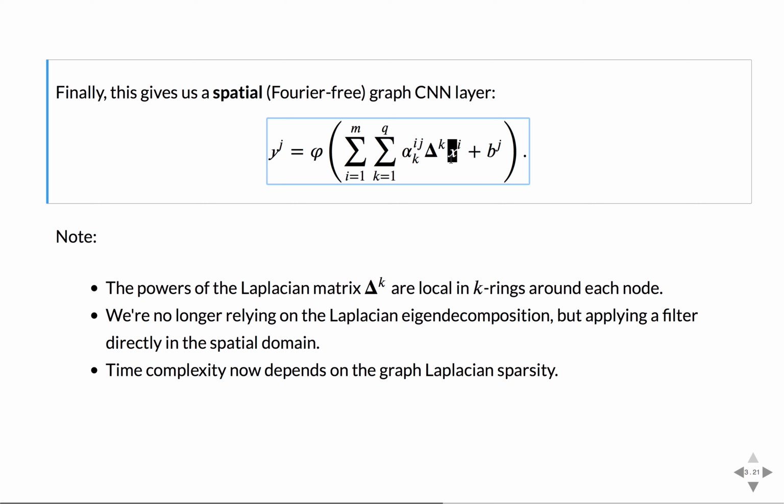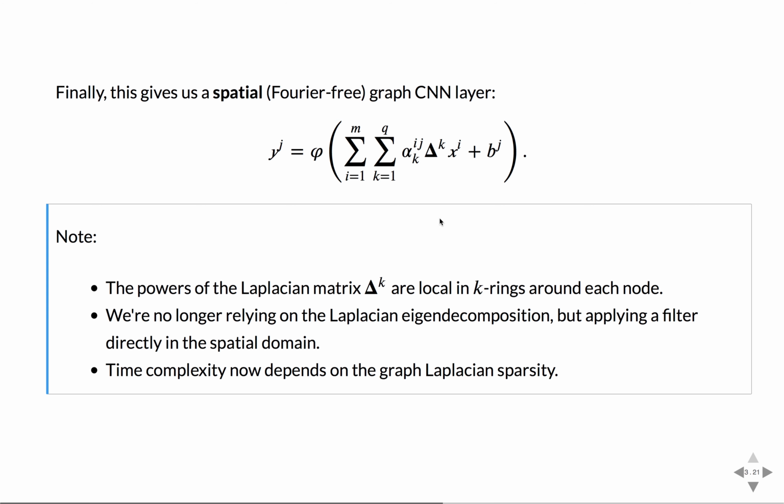It keeps summing in an outward direction from each node, so you get these rings. Okay, but it might be less sparse. The more powers you take, the less sparse the matrix becomes, and then you won't be able to benefit from the sparsity.